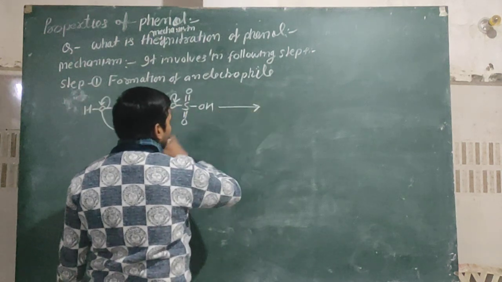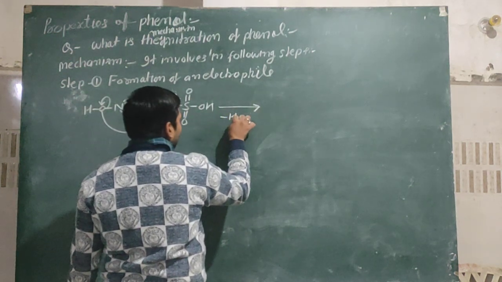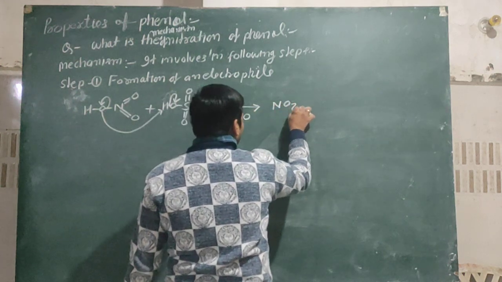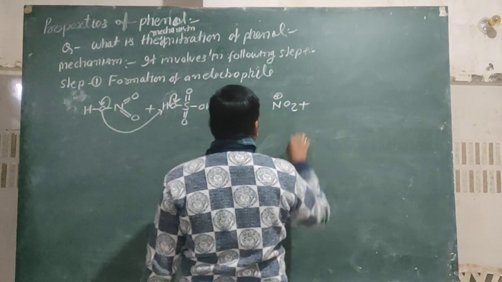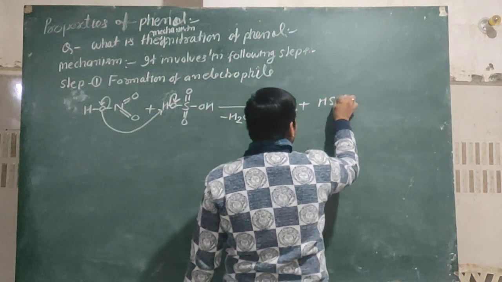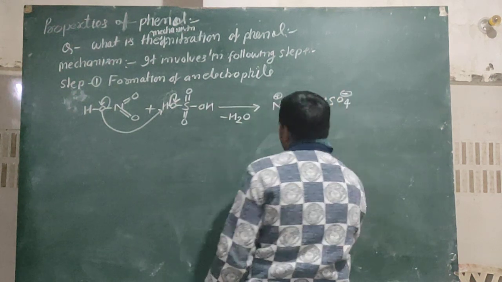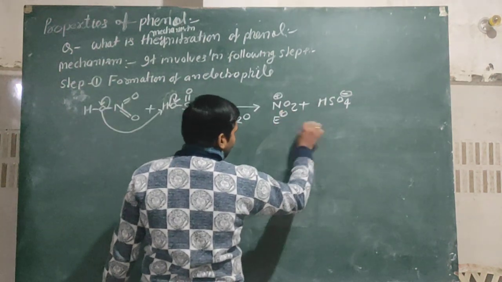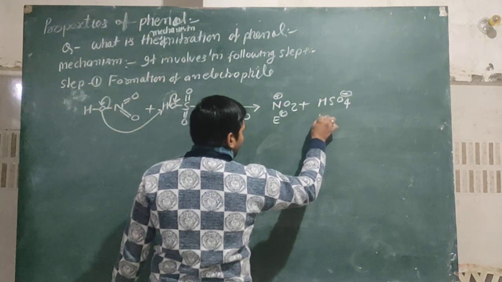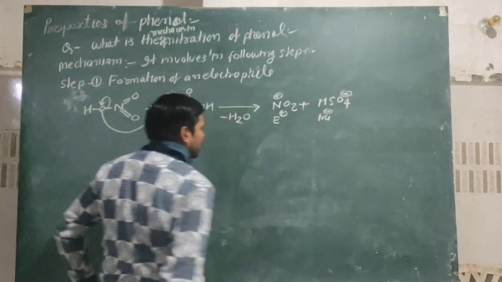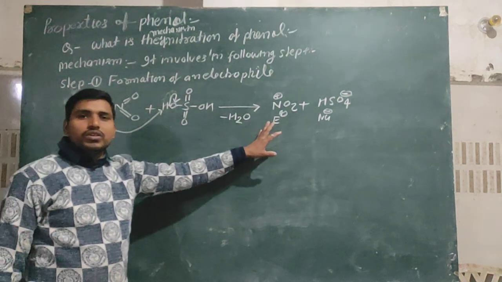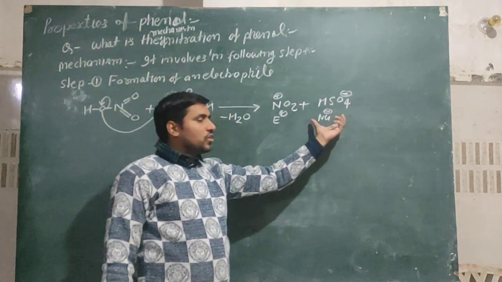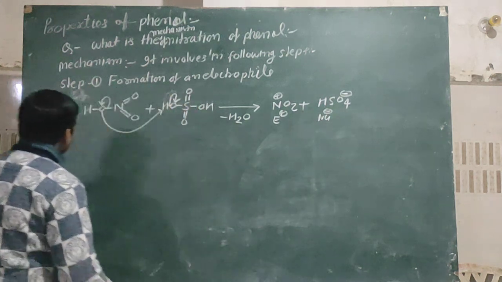After this reaction, formation of H2O, NO2 positive charge and HSO4 negative charge takes place. Okay, it is an electrophile and it is a nucleophile. Electrophile is a positively charged species or Lewis acid, and nucleophile is the negative charge or Lewis base.